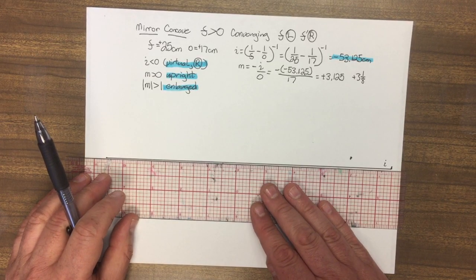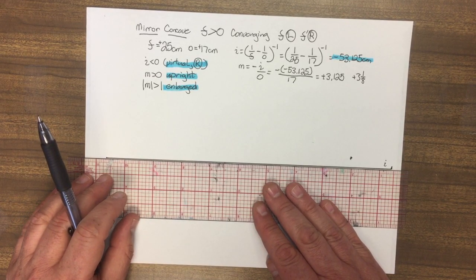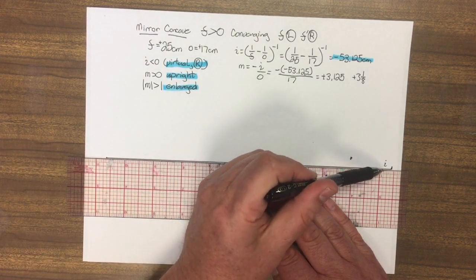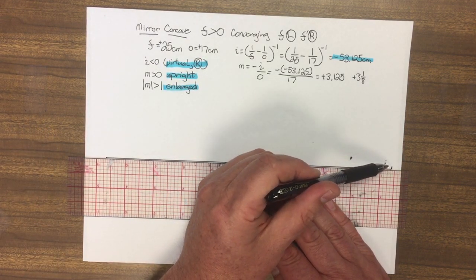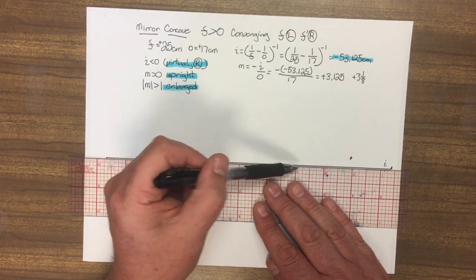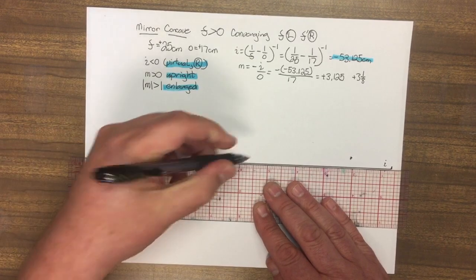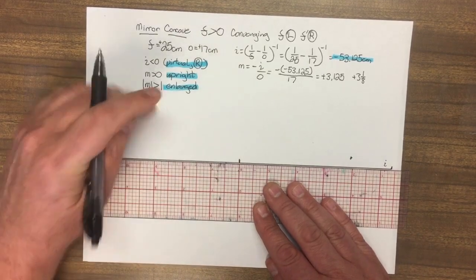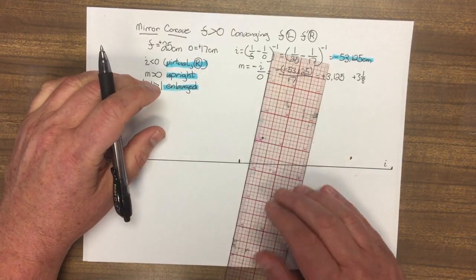That's 55, so that's about 53 and change. So that will be the 3, 10, 20, 30, 40, 50. Probably I could choose a better scale, but I really love this ruler.